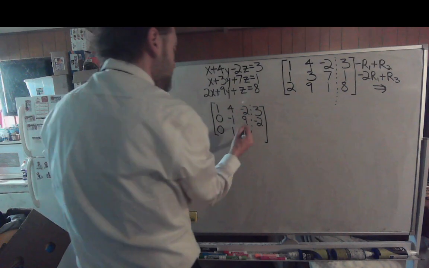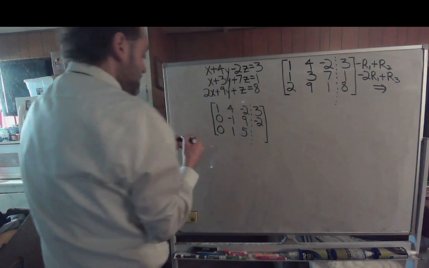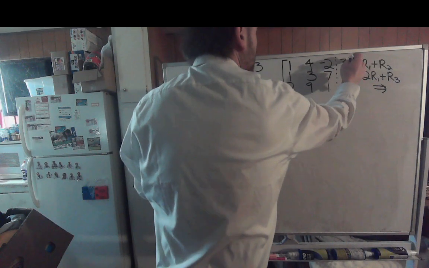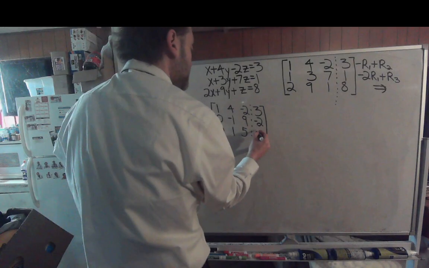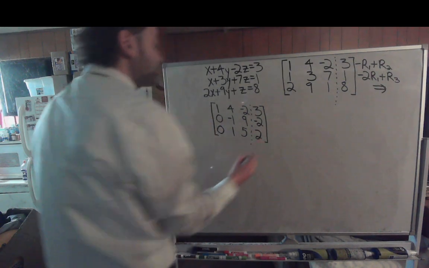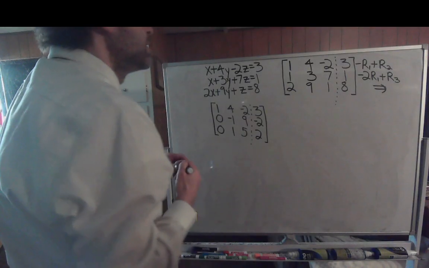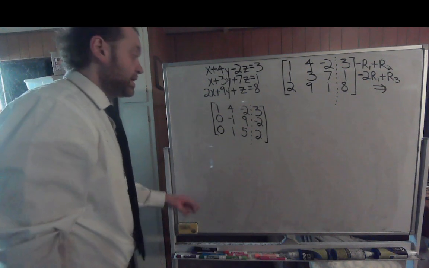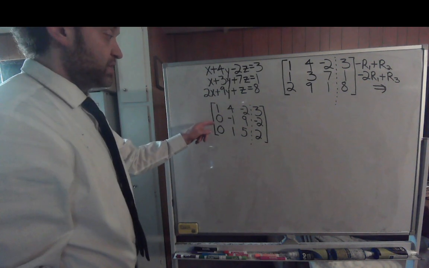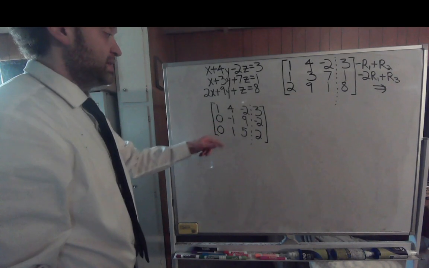Plus 1 is 5. Then we have -2 times 3 is going to be -6 plus 8 is +2. So now we've done part of our goal of making the first digits of rows 2 and 3 be 0.